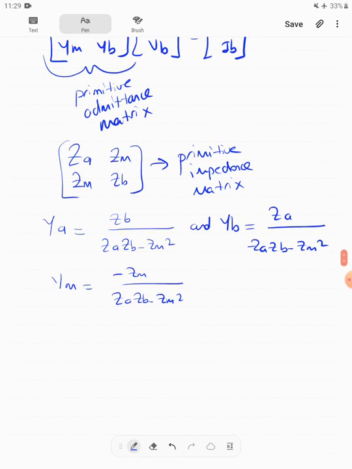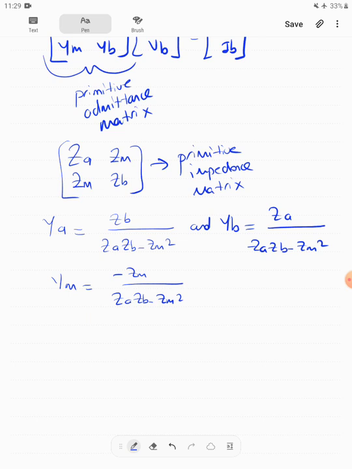So up to now we have discussed the definition of the primitive impedance matrix as well as the definition of the primitive admittance matrix, and we see that if one of them is inverted, we find the other one.